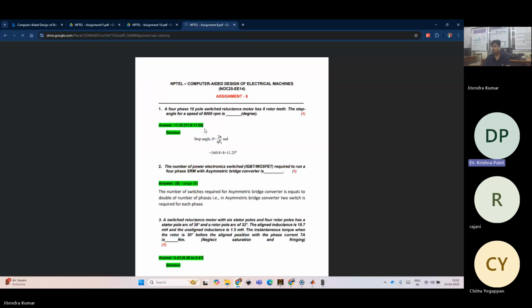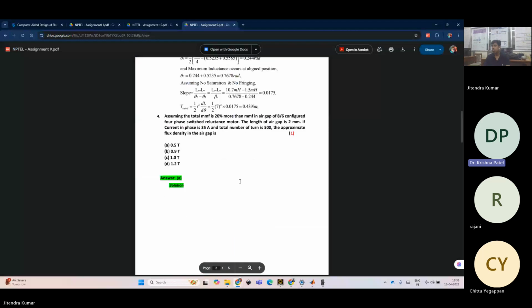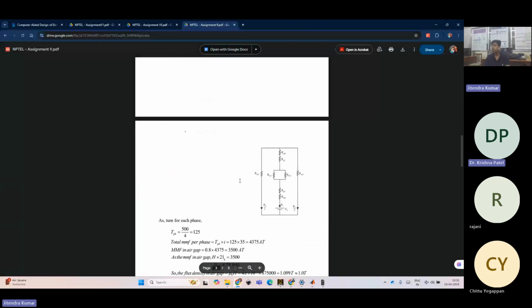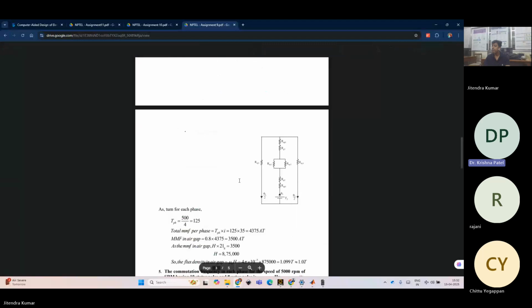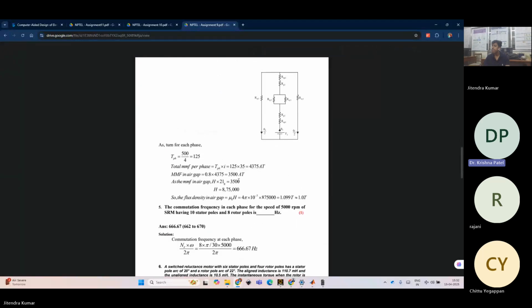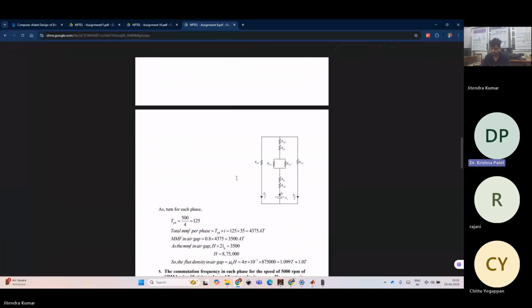There is 1.2 in the fourth. Rajini ma'am, how much answer do you have? What is your answer in the fourth? Do you have the same answer, 1.2?